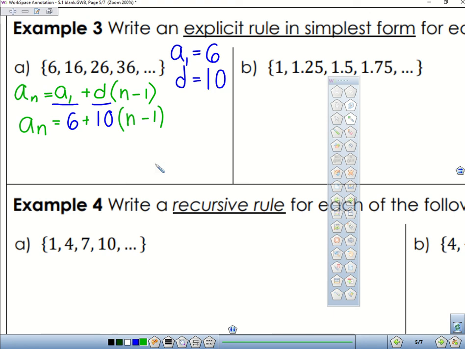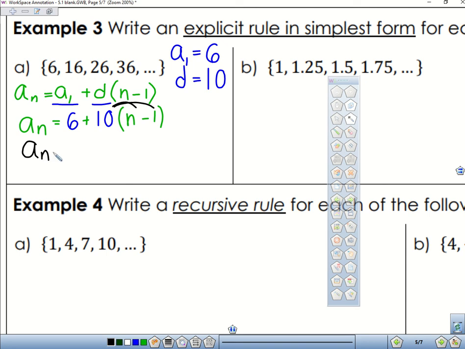Now, this is the explicit formula, but it's just not in simplest form. So to obtain simplest form, this is where the algebra comes in. We're going to use algebra to do this. So I'm going to use the distributive property right here.